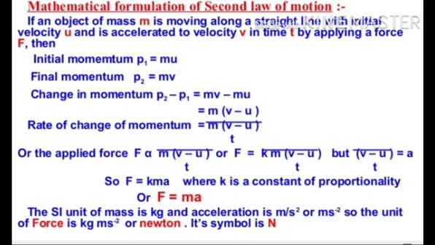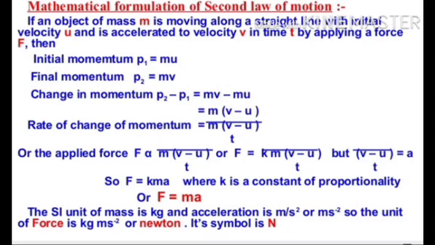Now the change in momentum is P2 minus P1, which is equal to mv minus mu. Now m is common, that is m(v minus u). So the change in linear momentum of the body is equal to m(v minus u).